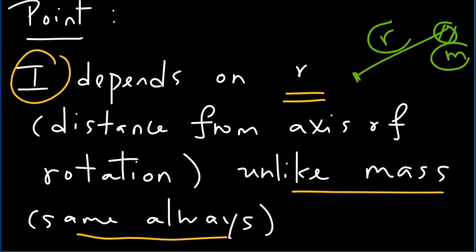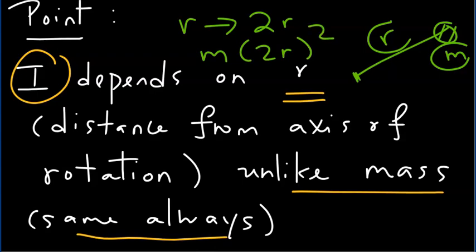Now if you increase the distance from the axis of rotation from r to 2r, the moment of inertia will be different. It will be larger. It will be m times 2r squared. So in this sense, moment of inertia is fundamentally different from the mass of a system.